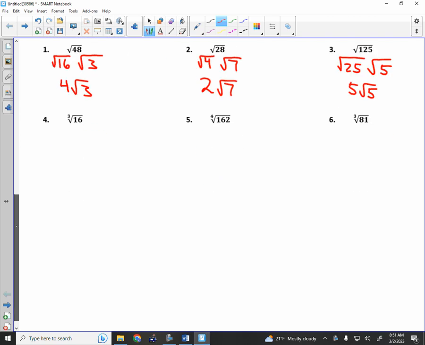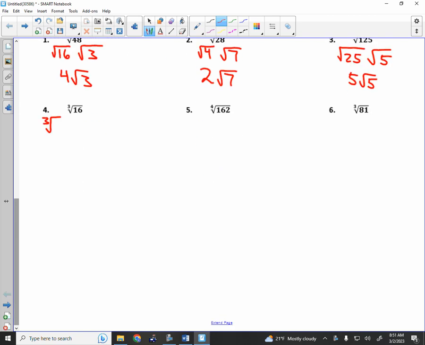So I rewrite this as the cubed root of 8 times the cubed root of what? 2. Because 8 times 2 is 16. What is the cubed root of 8? 2. So this becomes 2 cubed roots of 2.